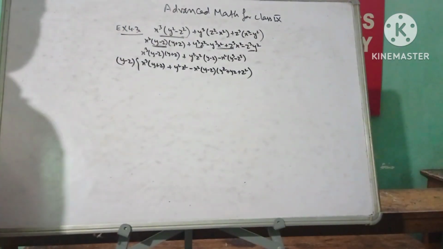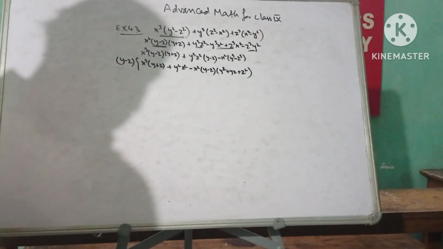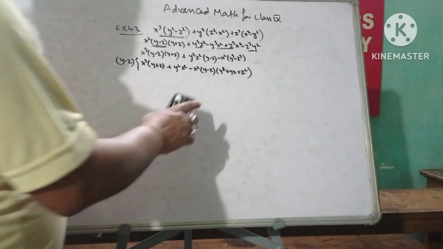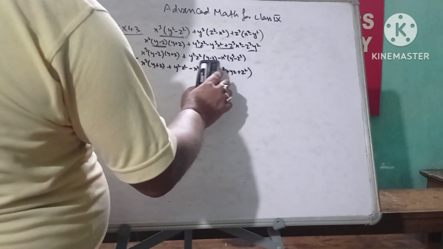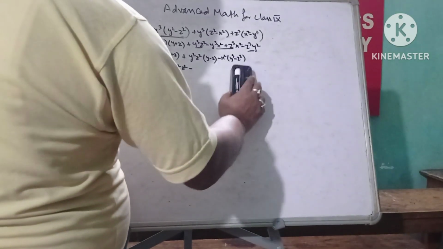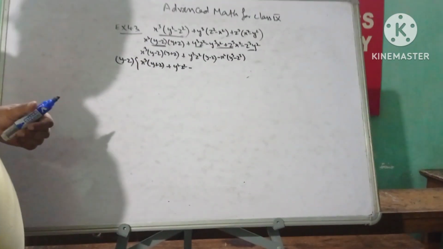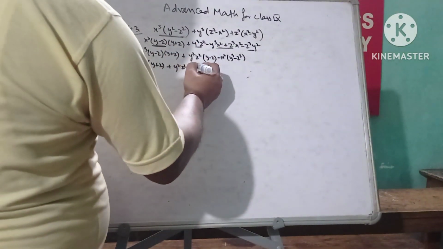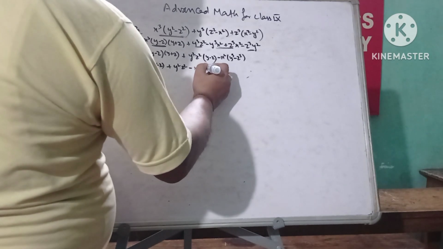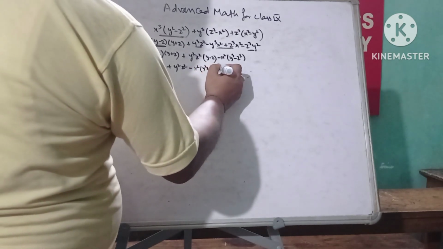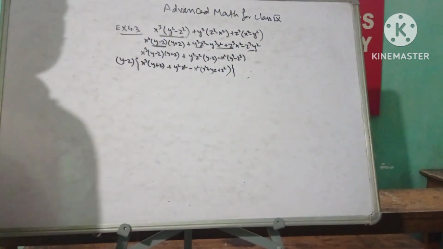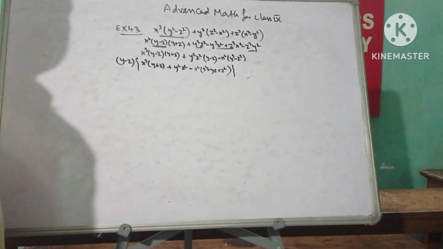Here you see, I have taken this common. So since I have taken this common from here, here this will be only x square times y square plus yz plus z square, and this will remain here because I have taken y minus z common from the three sets.